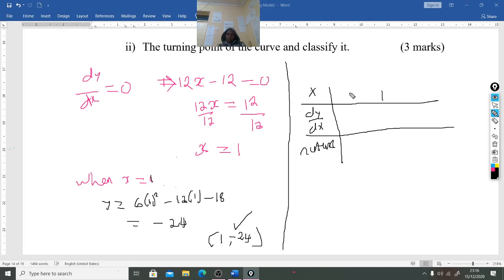Then to the left, we can take 0, and to the right, we can take 2. If x is 0, dy over dx will be negative 12, because this is dy over dx. So it will be negative.